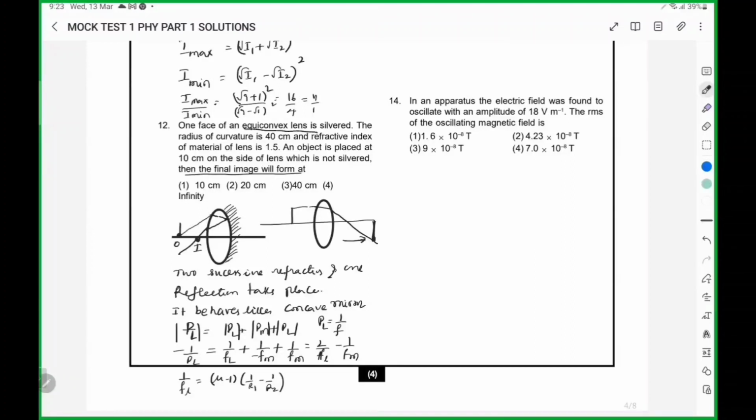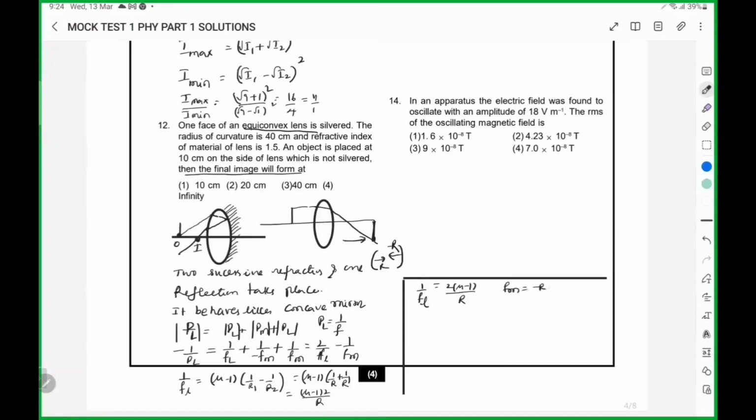Since it is an equiconvex lens, it is 1 by R plus 1 by R, because for this side it is R and for the other side it is minus R. So 1 by Fl will be 2 times (mu minus 1) by R. Fm is the focal length of the concave mirror.